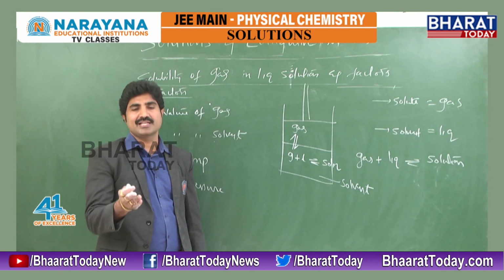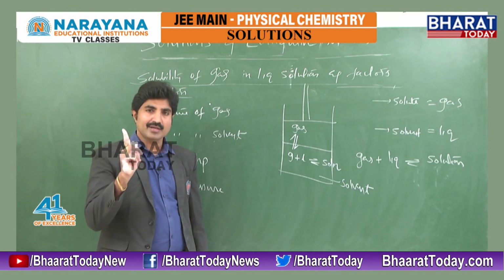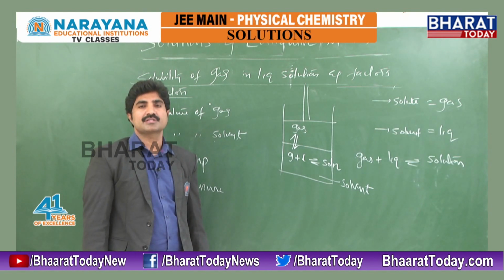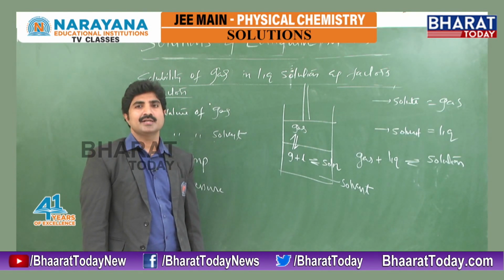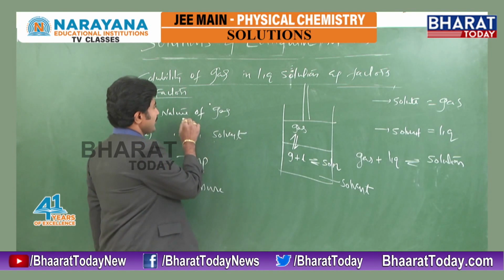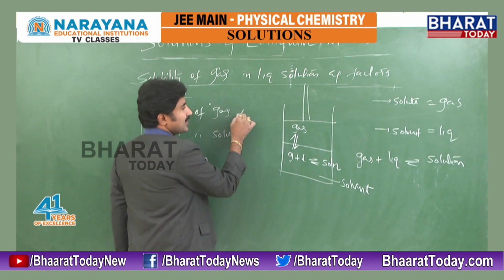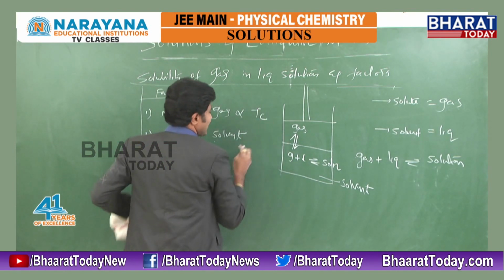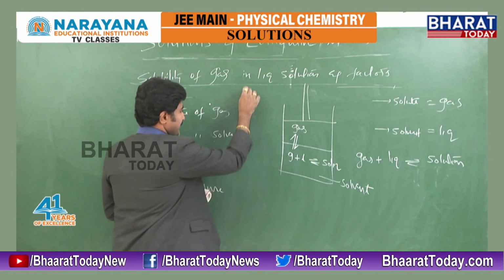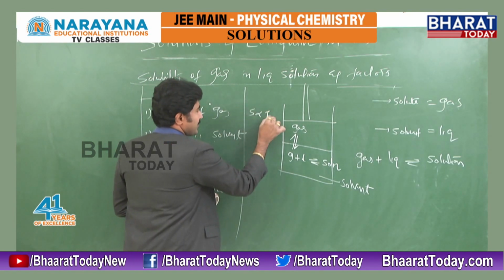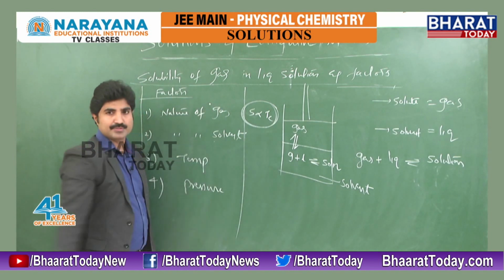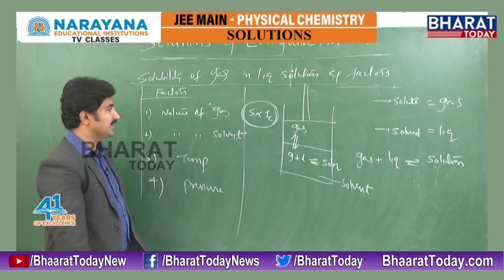So that will be easily expressed in terms of critical temperature. In states of matter, we already studied critical temperature. Therefore, nature of the gas depends on the critical temperature. In this case, solubility is directly proportional to the critical temperature of the gas. More critical temperature, more solubility there.